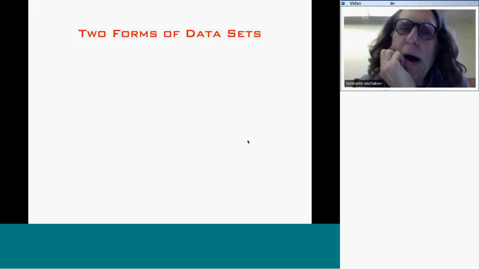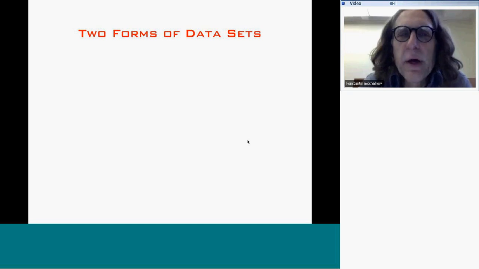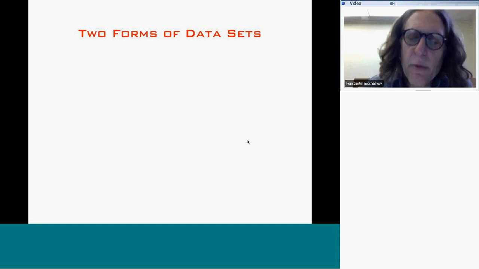Okay, so let me start with data, and I'm going to kind of artificially assume that there are two forms of data sets. This distinction is very useful for the way I'm going to present it, but it is a bit artificial.